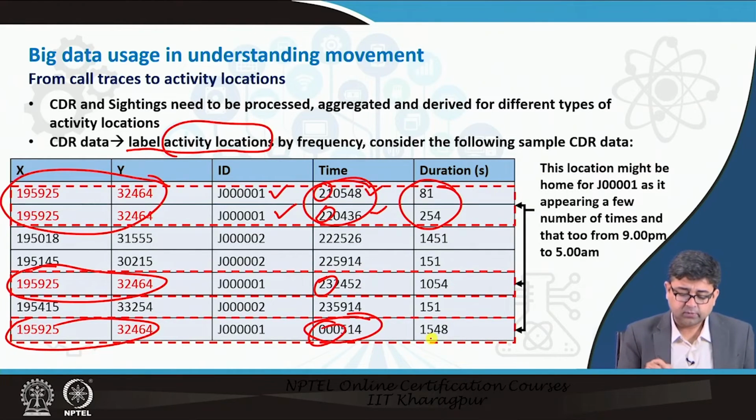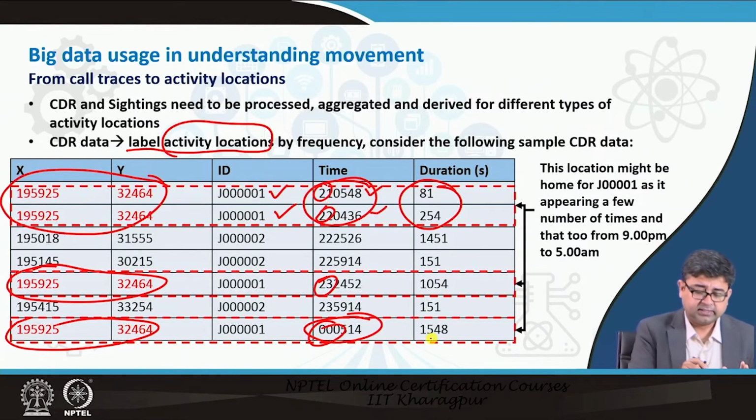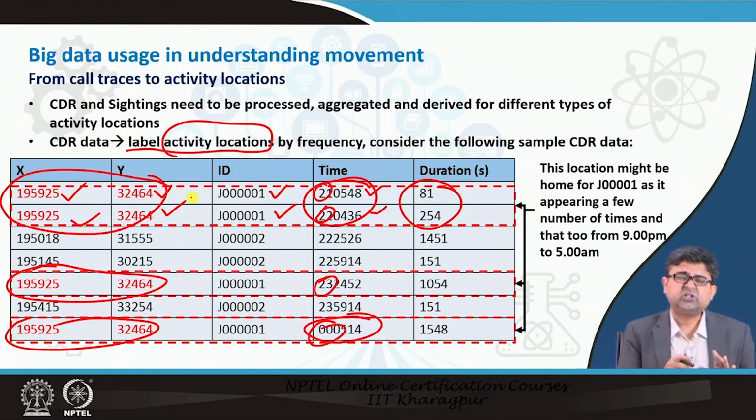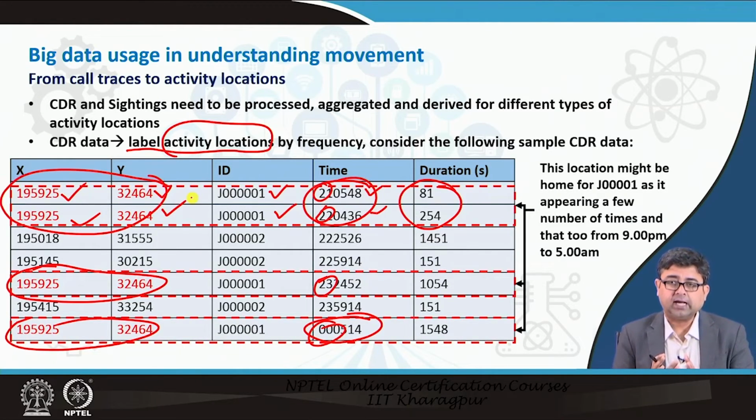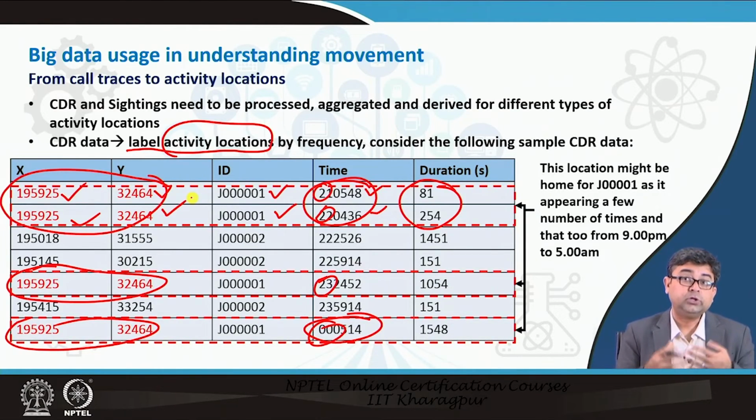So, usually what that should tell you is that this location should be his or her home location, right. Usually a person would not be in his or her office at such a late time in the day. Usually he or she should be at home, right.